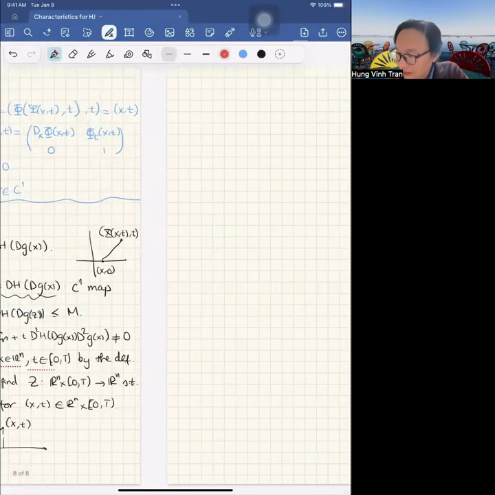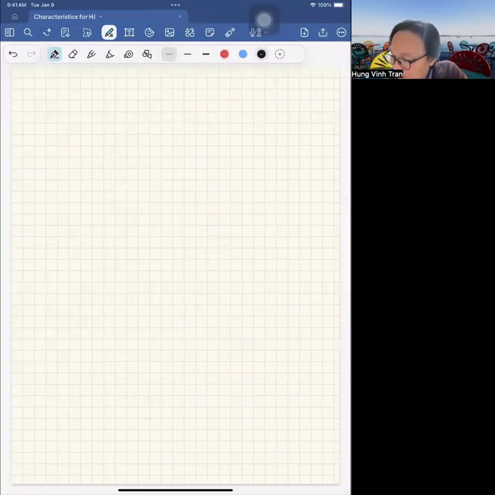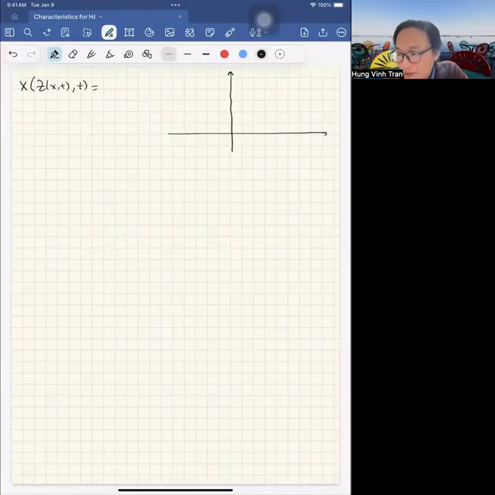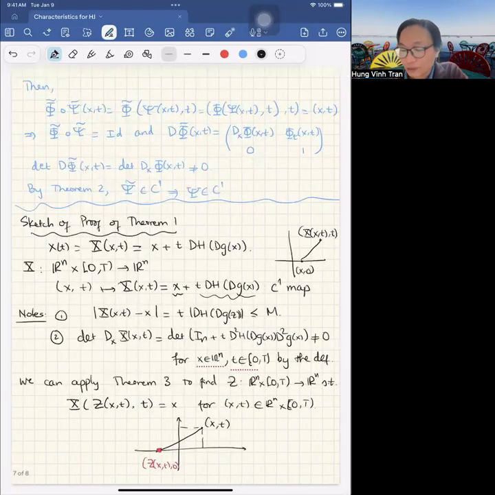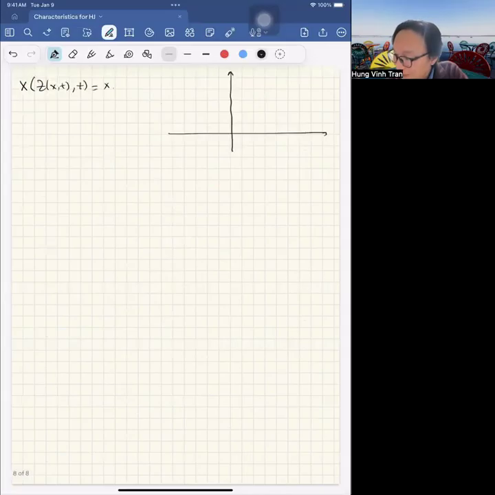Okay, maybe let me redraw the picture once more. So I have x of z of (x,t), t equals x, right? That's a formula. And then let me draw a picture again.